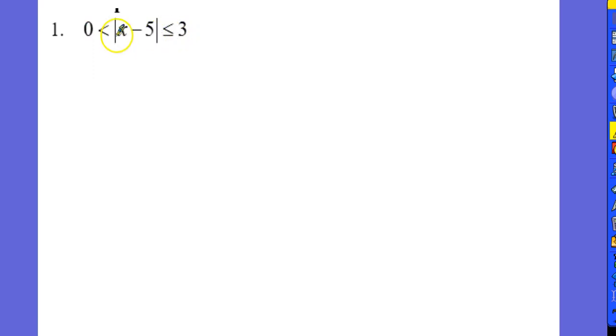Step 2 is to separate the inequalities. So basically what I'm going to ask you to do is we're going to solve that inequality, and then we're going to come back and solve the other inequality. So we're going to separate them into two different problems.